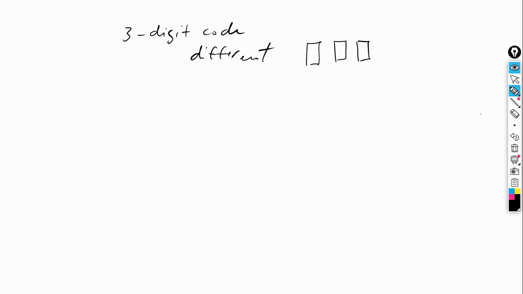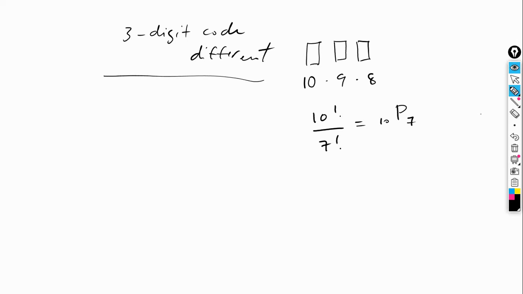So we would have 10 digits that we could place in the first position, but then we would have 9 for the second position and 8 for the third position. But as we saw before, this is the same as saying 10 factorial divided by 7 factorial, which really is simply a permutation.